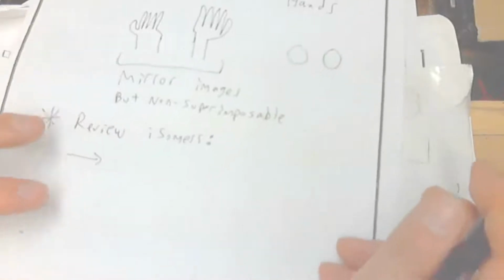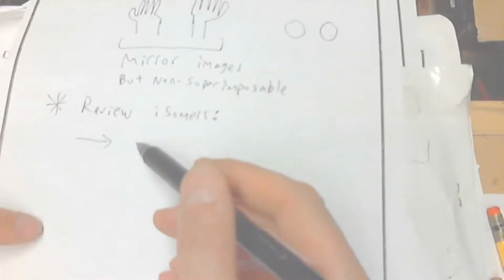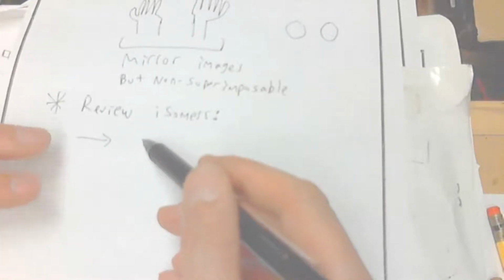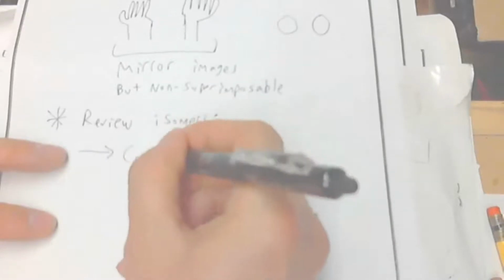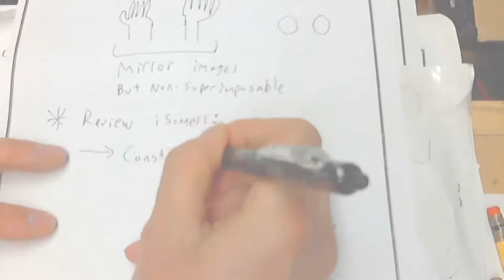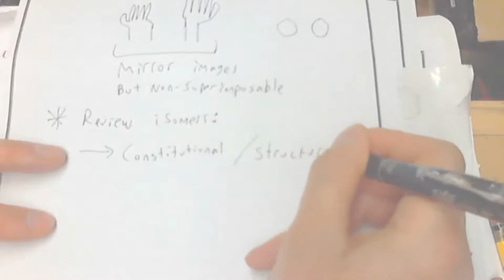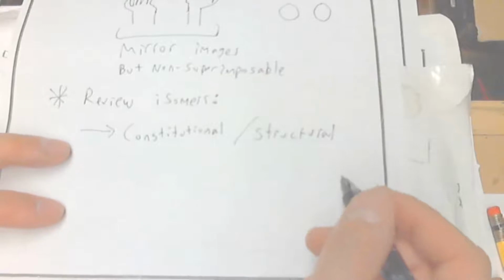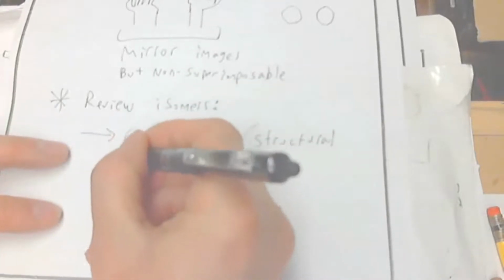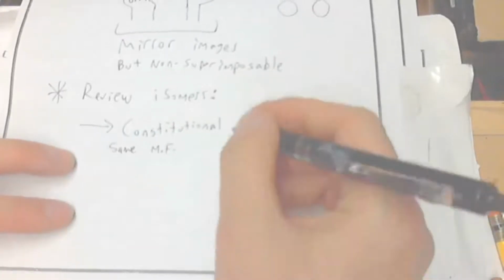Right. So what's the kind of isomer we've been talking about recently in chapter 4? Constitutional, that's right. Constitutional, also called structural. These have the same molecular formula but different connectivity.